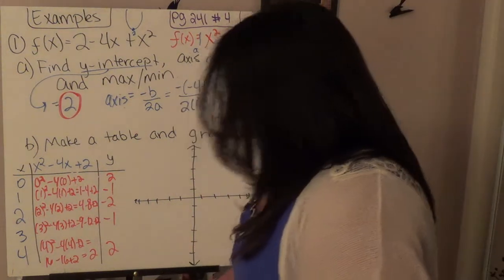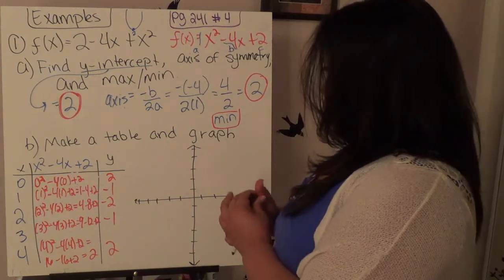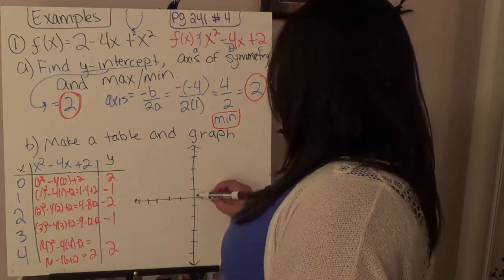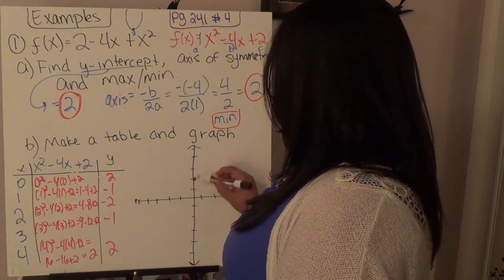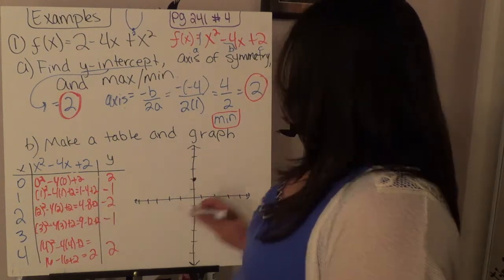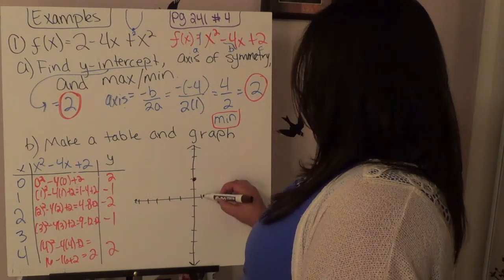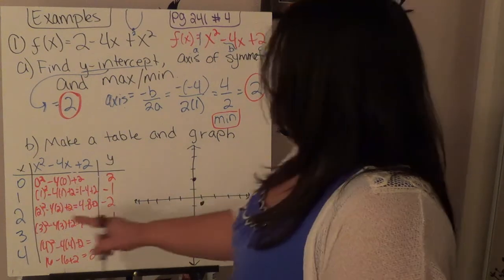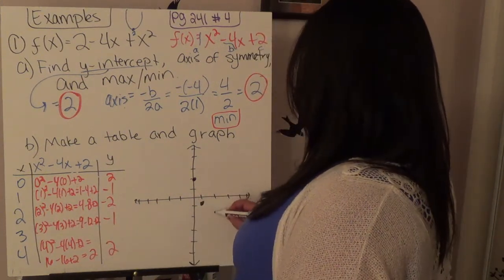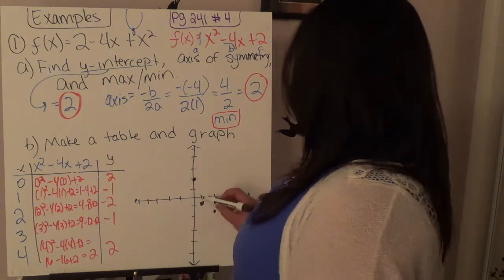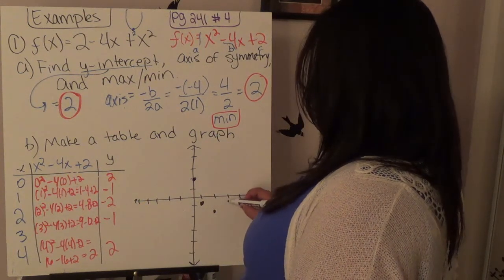So let's graph. Alright? I'm going to take the first one, which is 0, 2. Then 1, negative 1. Then 2, negative 2. Then 3, negative 1.